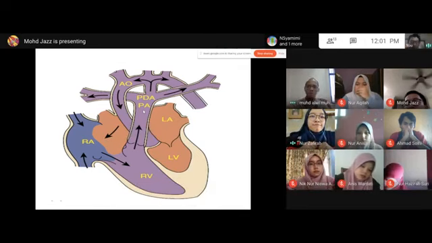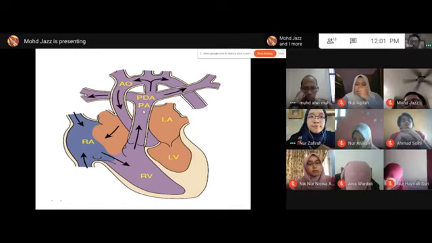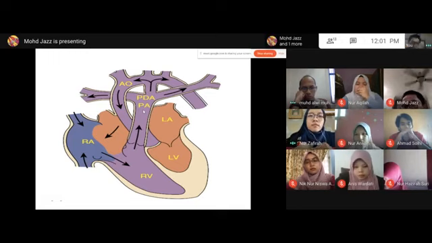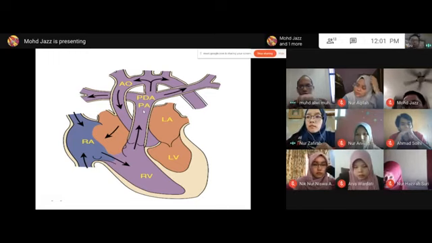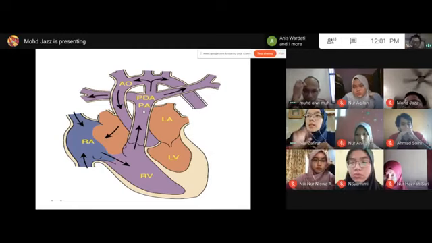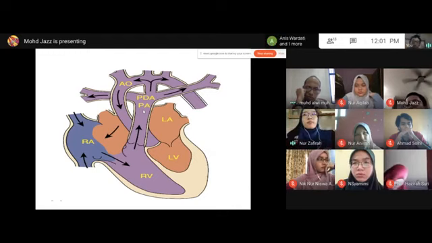With regards to the transposition of great arteries, my question is in relation to the L type, which is the congenitally corrected TGA. I'm confused because Nelson mentioned that there will be some ECG changes, in particular abnormal P wave, absence of Q wave in V6, pathological Q wave in lead 3, AVR, and AVF, and also an upright T wave across the precordium.